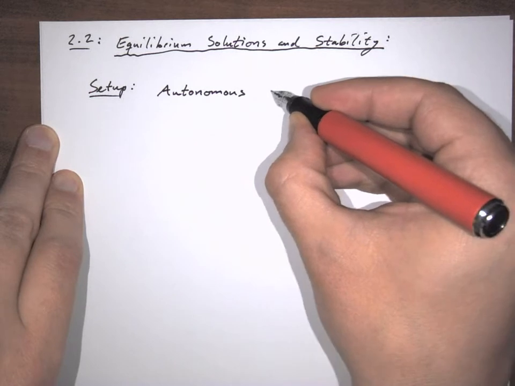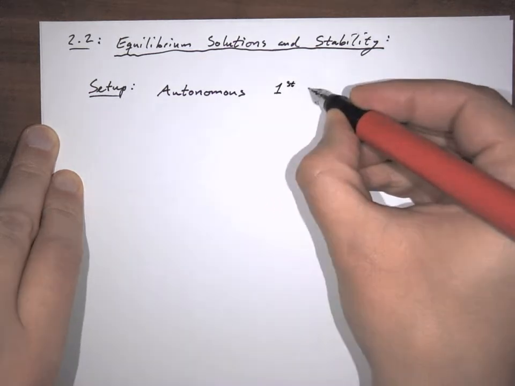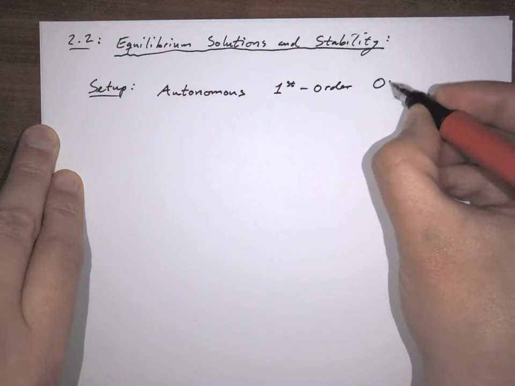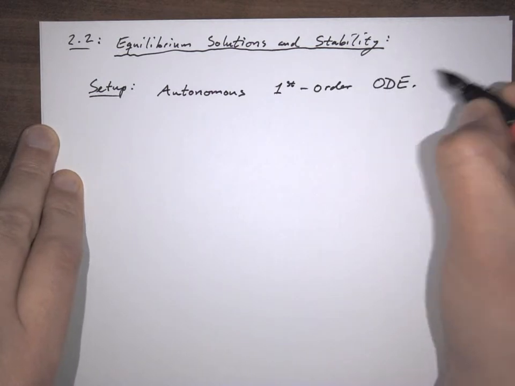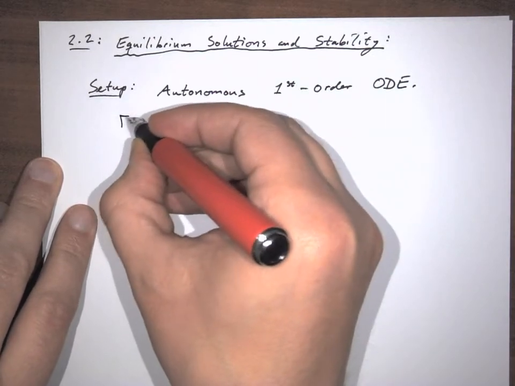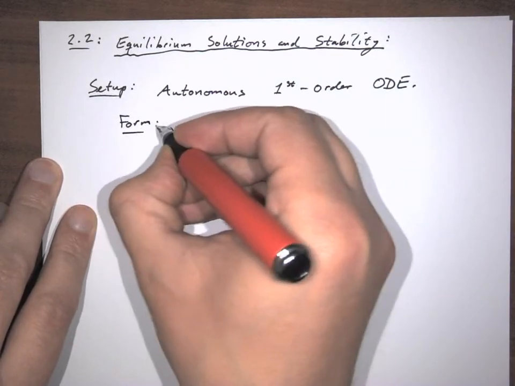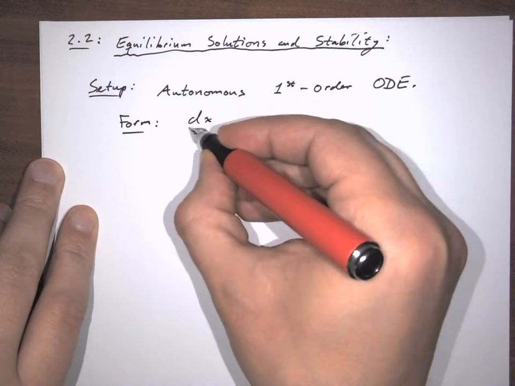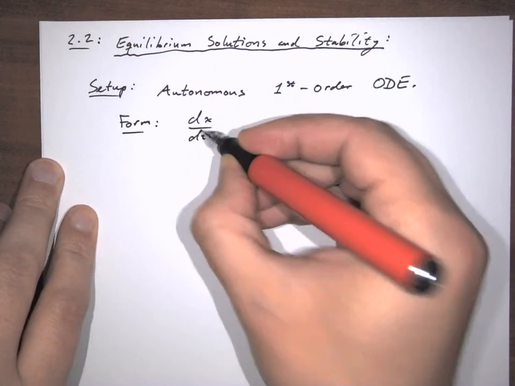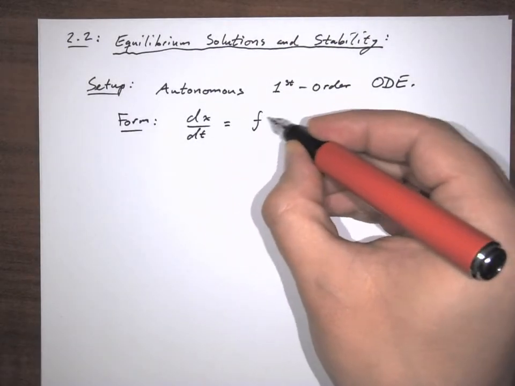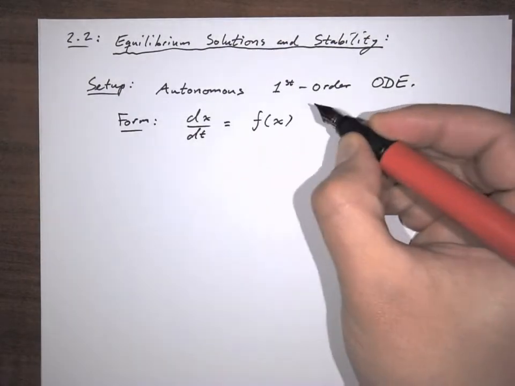So an autonomous first-order ordinary differential equation. So in other words, the form is going to be dx/dt, so now notice x is the output, t is the input, is just going to equal some function of x.